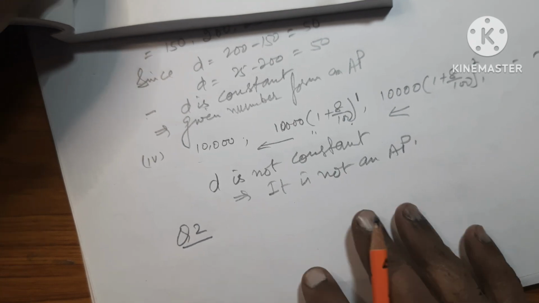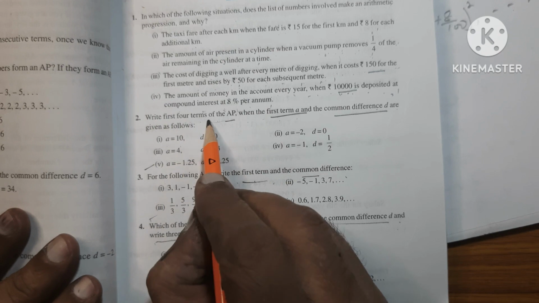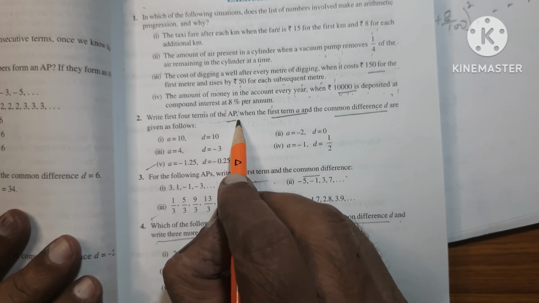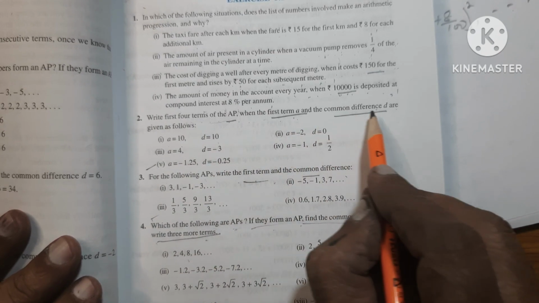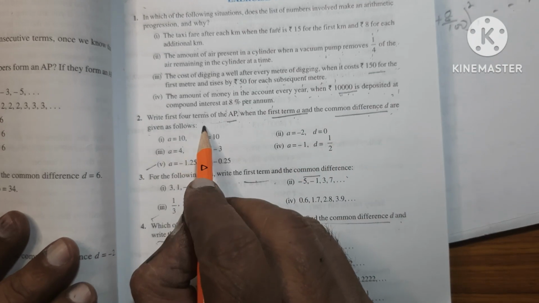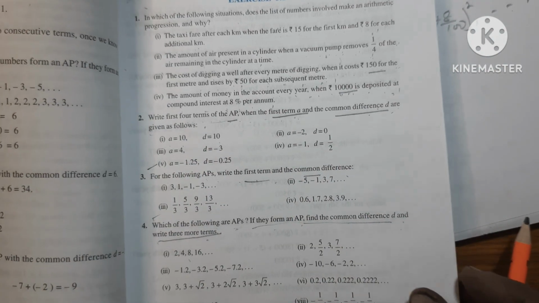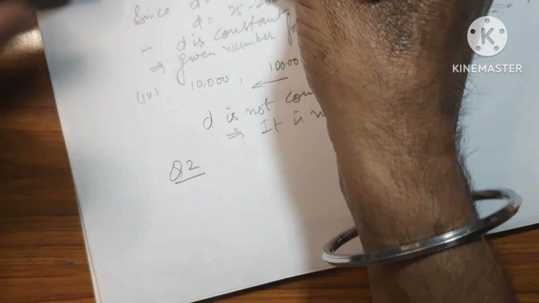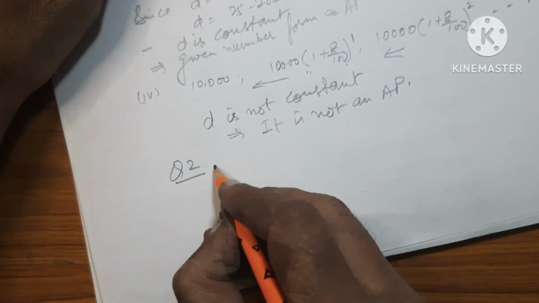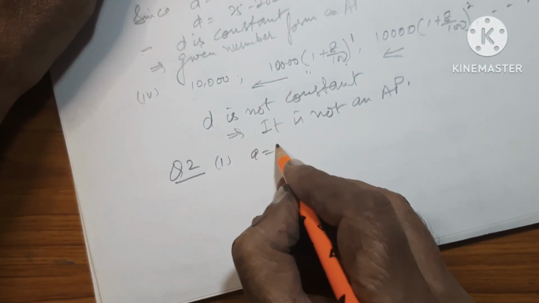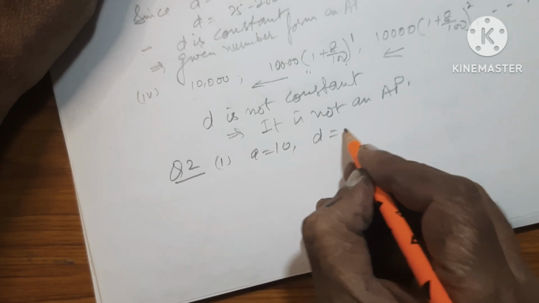Question 2 is, write the first 4 terms of the AP when the first term A and the common difference D are given as follows. So we will write the terms. First part is A equals 10, D equals 10.